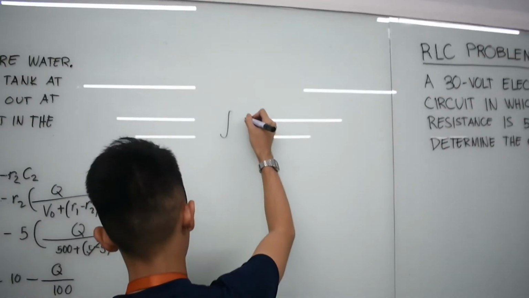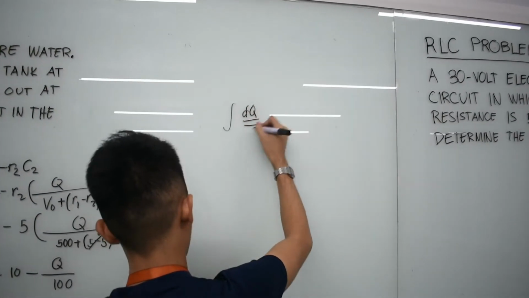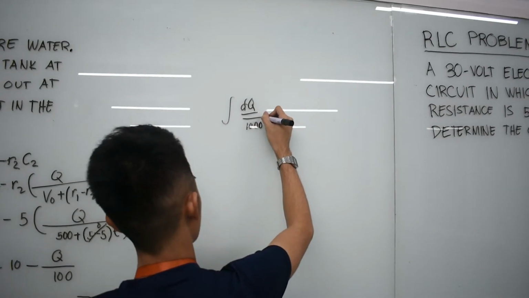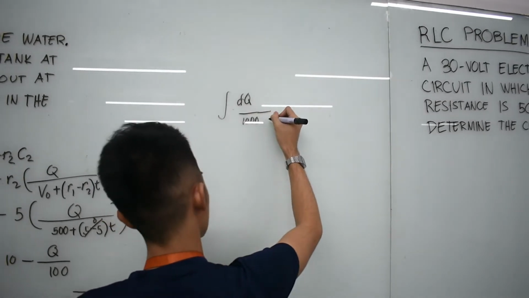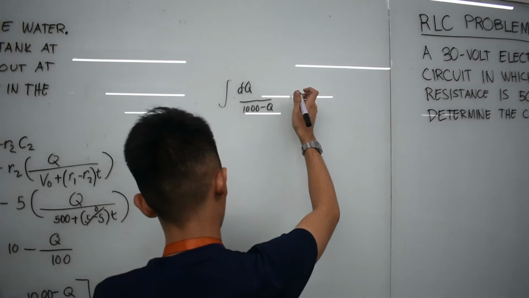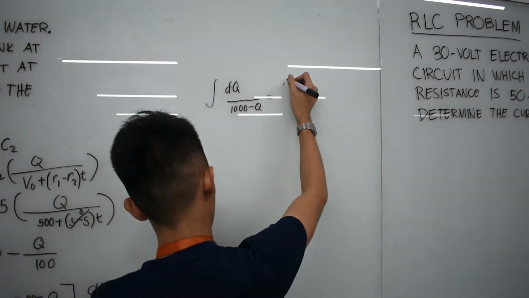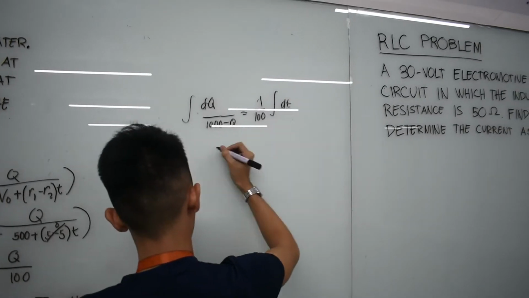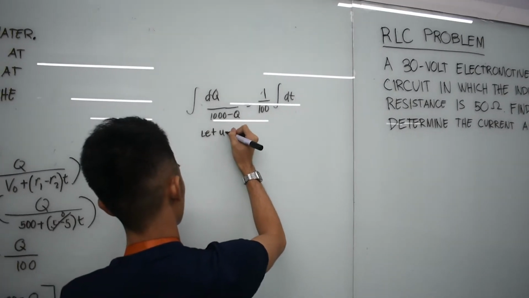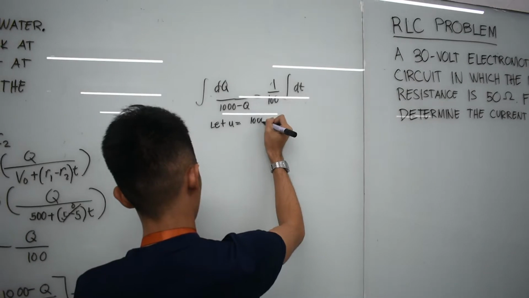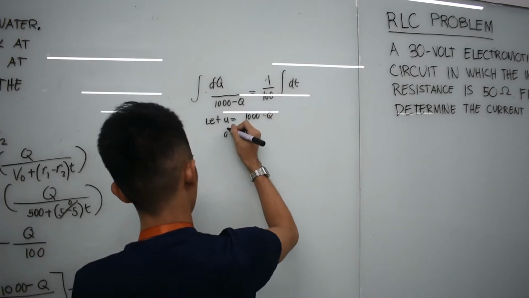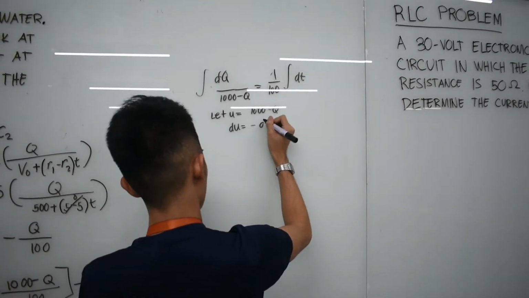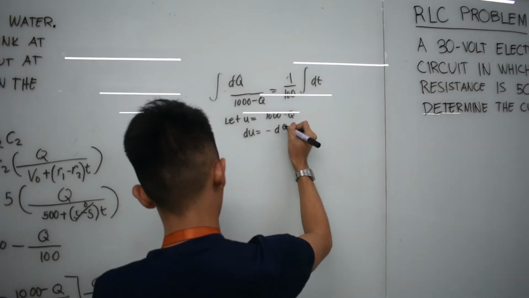Integrate both sides. This will now become the integral of dQ over 1000 minus Q is equal to 1 over 100 times the integral of dt. Let u is equal to 1000 minus Q, and du will now become negative dQ.